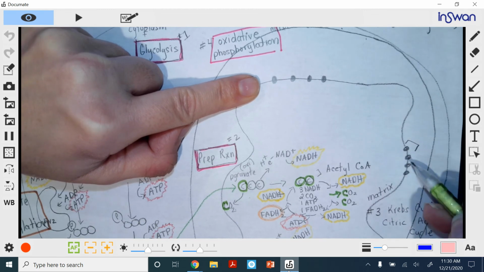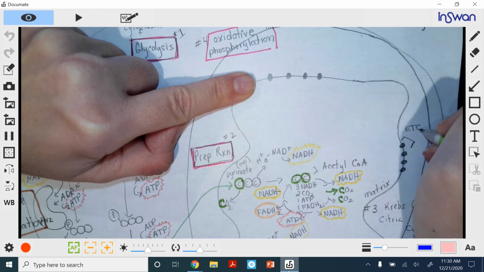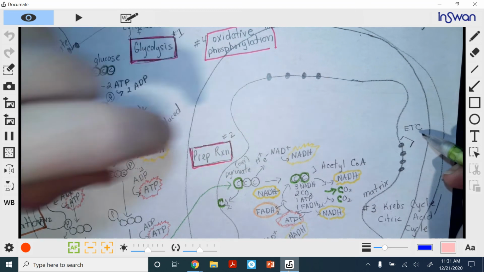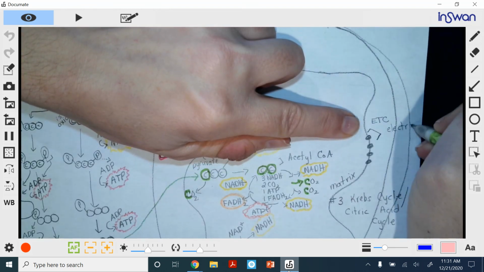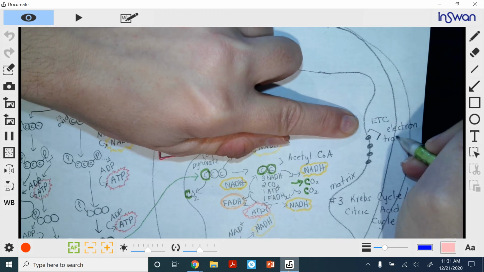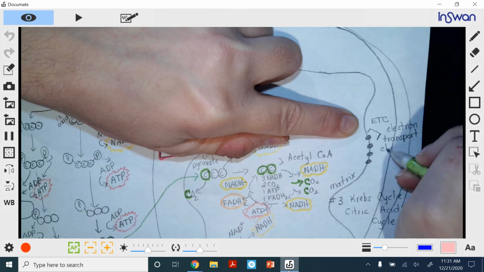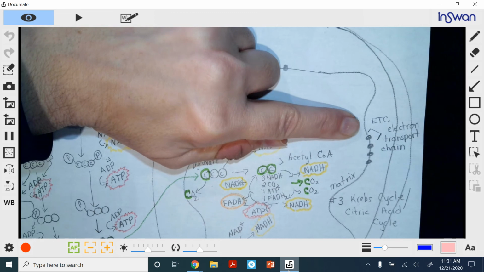Those proteins are collectively called the ETC. The ETC. And that stands for the electron transport chain. The electron transport chain.